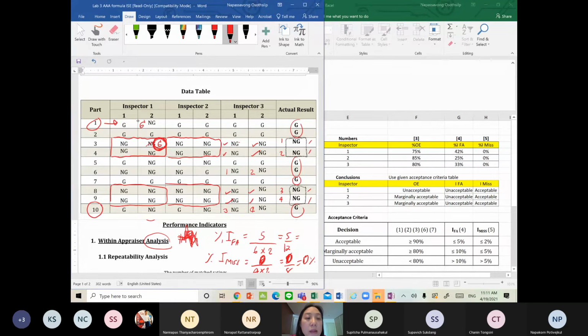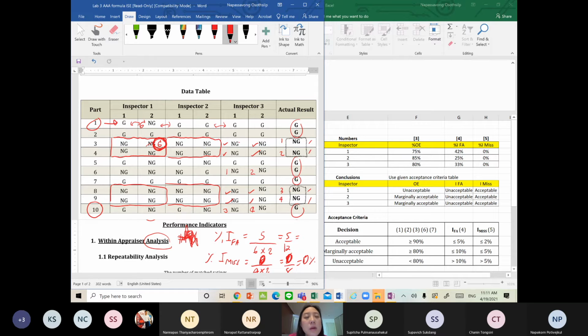That means within the same inspector, the results are consistent, and also the results are consistent between inspectors. If they are all G, you will count that the first part, the repeatability is okay.